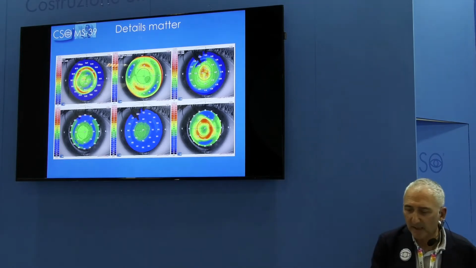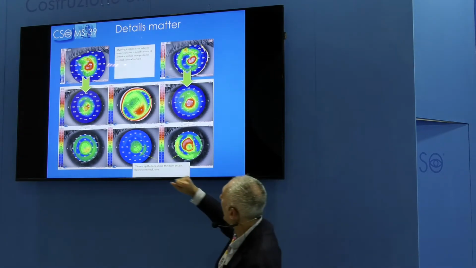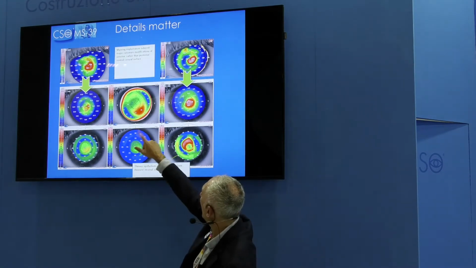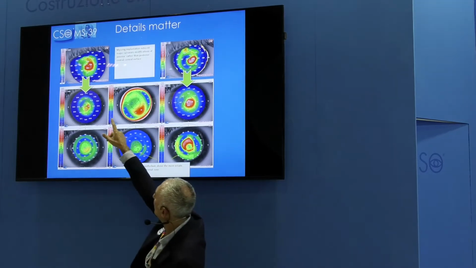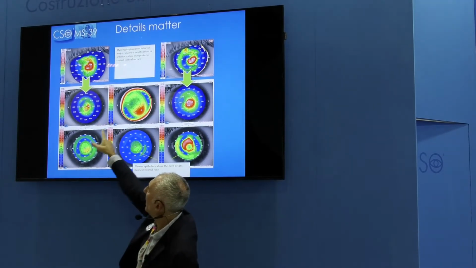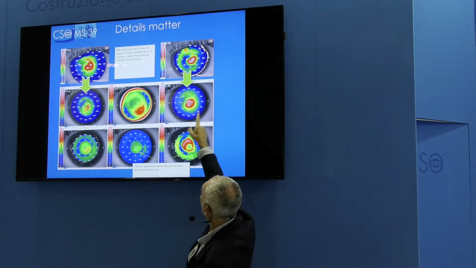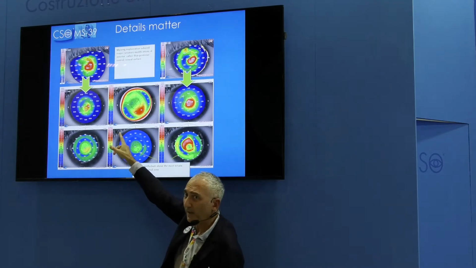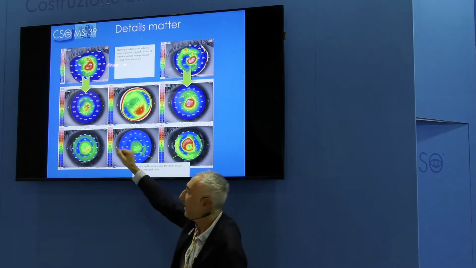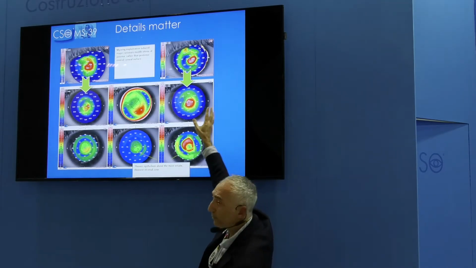It's interesting in this respect to see the worst eye, and you see the anterior curvature before and after the treatment, the posterior curvature before and after the treatment. Of course the anterior curvature is heavily modified, and we are very happy about it, but the posterior was not.